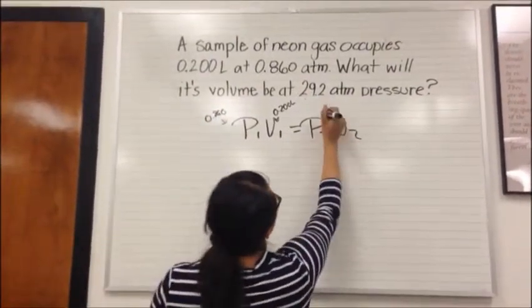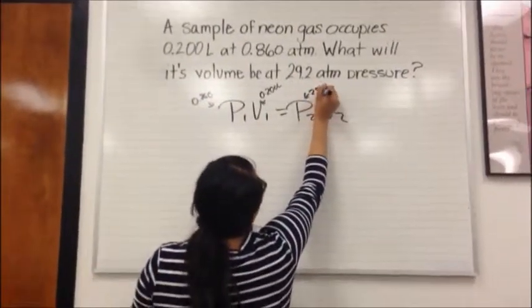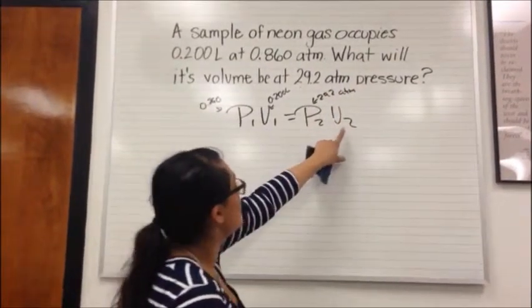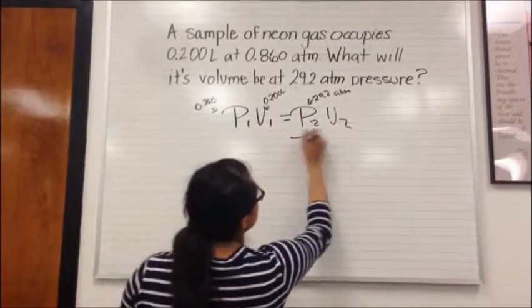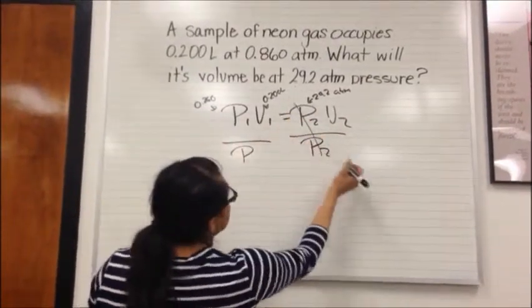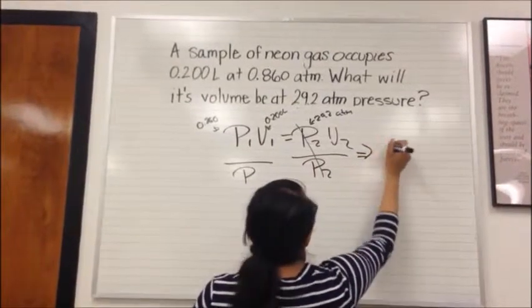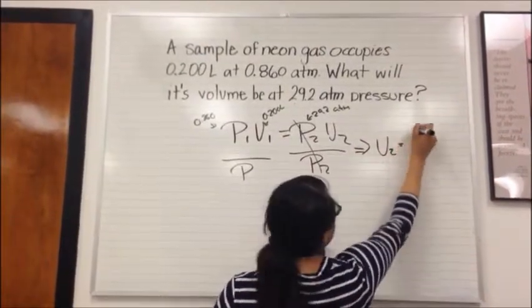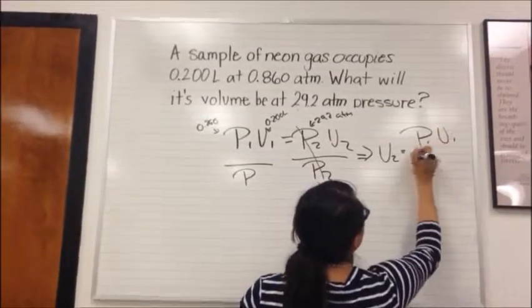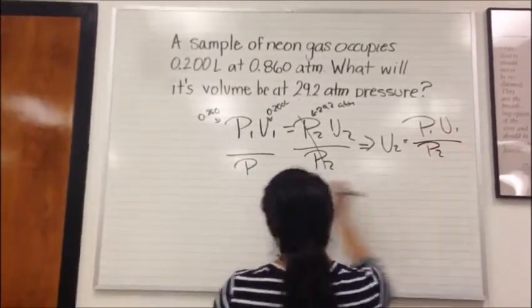We also know that P2 is 29.2 atm. So we need to get V2 by itself. We're going to divide by P2 on both sides, so our new equation is V2 equals P1V1 divided by P2.